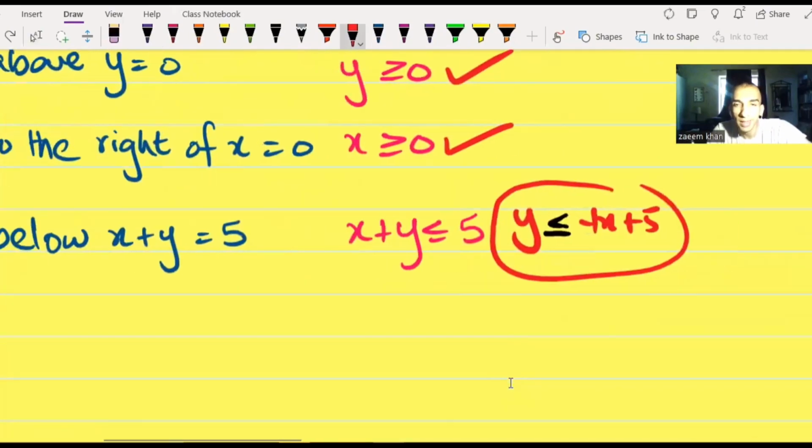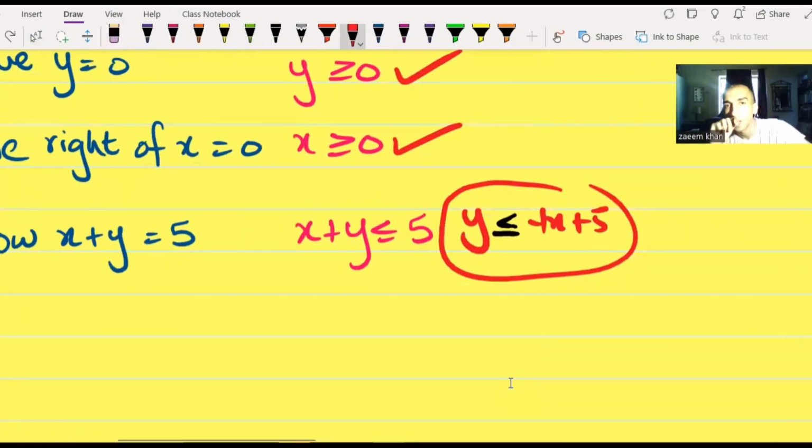Is our answer correct? Is it not correct because x and y both are smaller than 5? All right, it is correct.